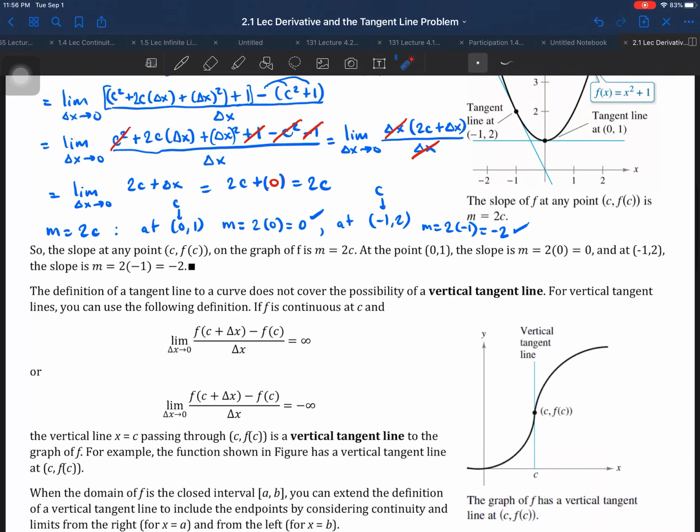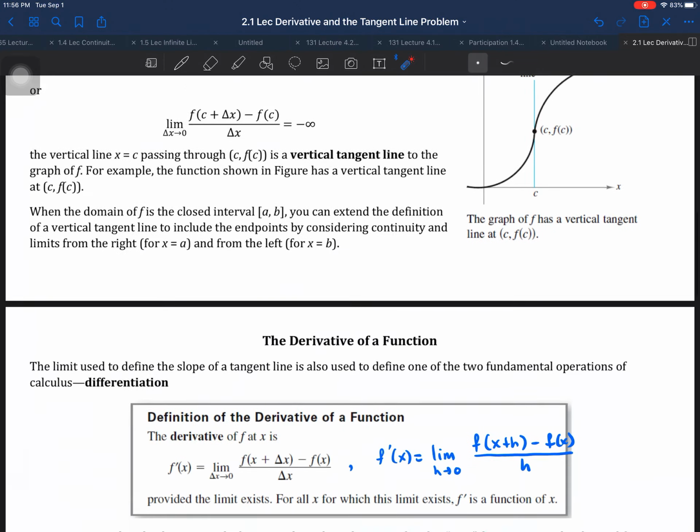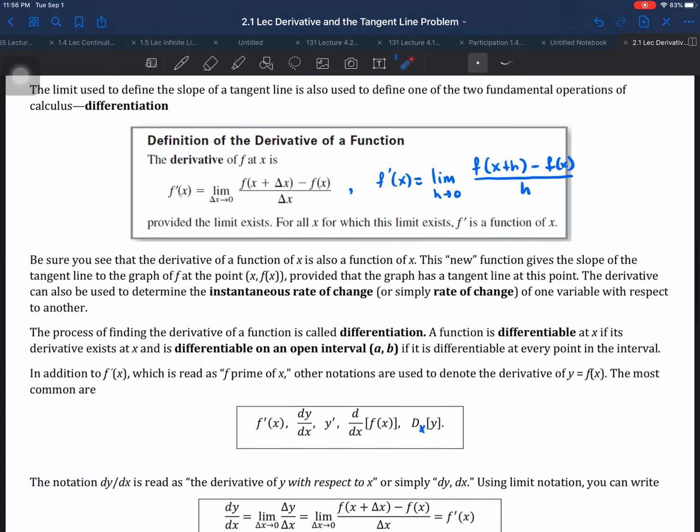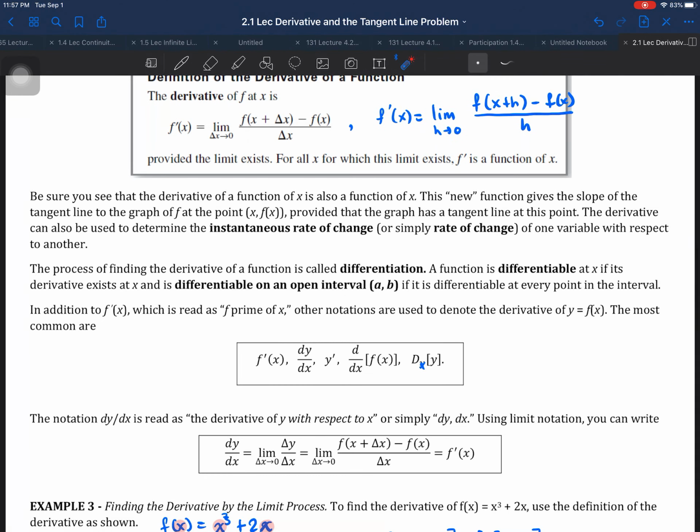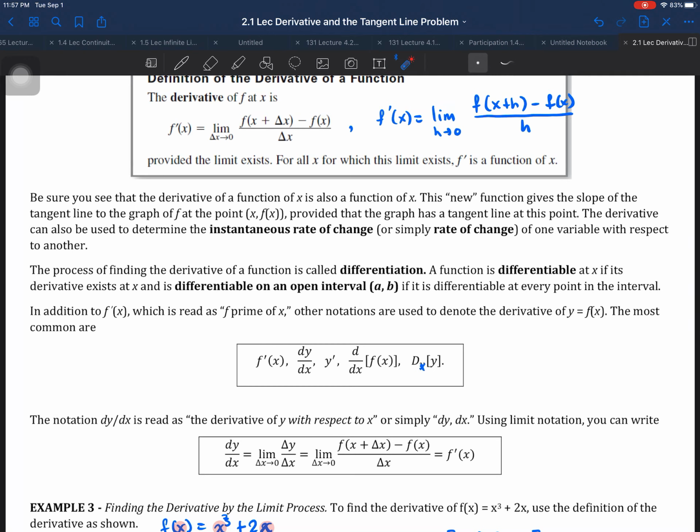That was the breaking point of calculus, because you can now predict the behavior of a function by looking at that instant point. We call it instantaneous rate of change, or sometimes rate of change, and we call this a derivative as well. We also have a few more terms.